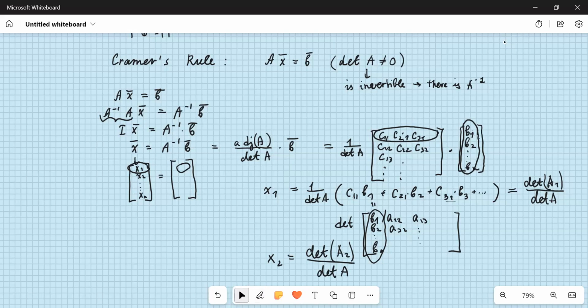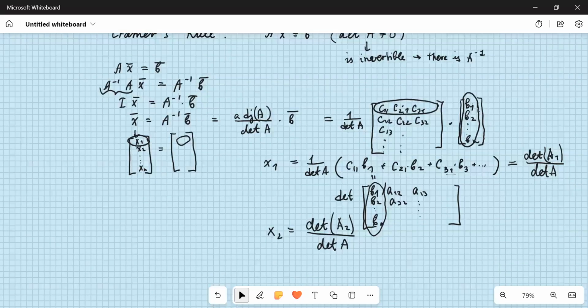You don't necessarily have to solve everything. You can calculate x1 or x2 if you know determinant of matrix A, and you can calculate the determinant of the matrix which you build by replacing the i-th column by elements of the column B. Well, maybe it doesn't look very clear what I mean, but that's Cramer's rule.